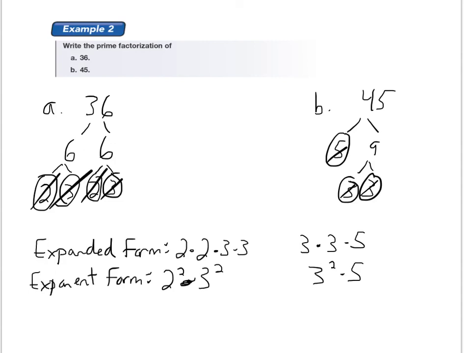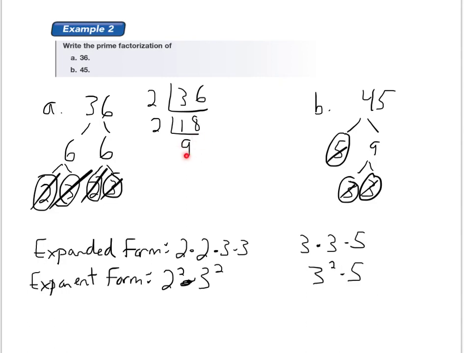Now, those of you who don't like factor trees, I like factor trees, but some of you may have learned downward division before. I want to cover that quick. Downward division I love. What you do with downward division is pick the lowest prime number that will go into this. So 2 is always the lowest prime number. And we ask ourselves, does 2 go into this? The answer is yes. 36 divided by 2 is 18. Does 2 go into that? Yes, it does. So I put another 2 out here. 18 divided by 2 is 9.